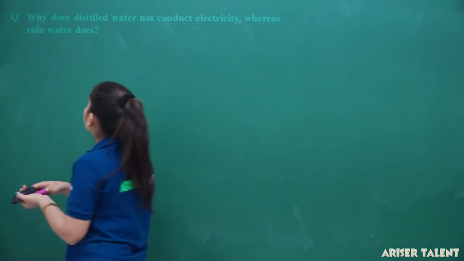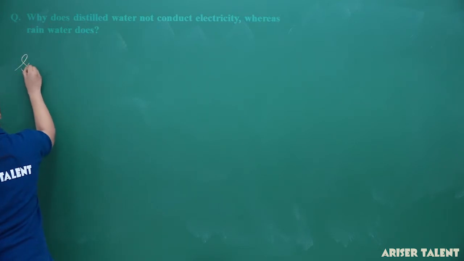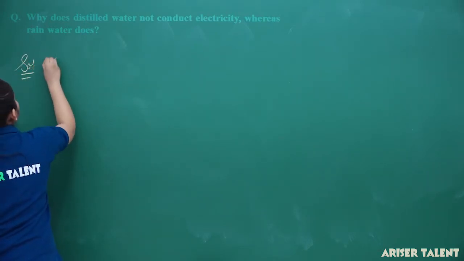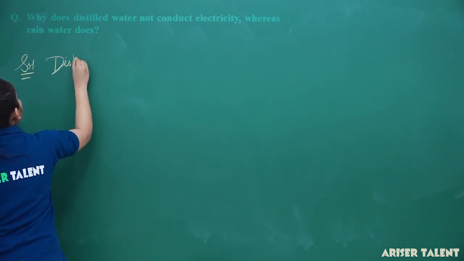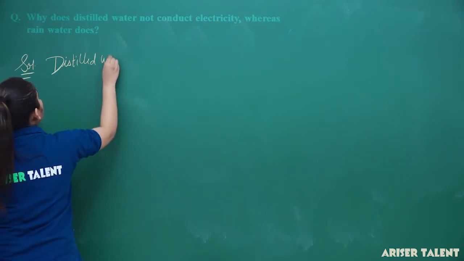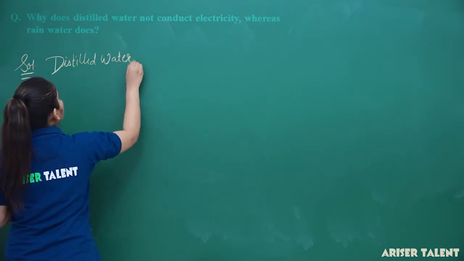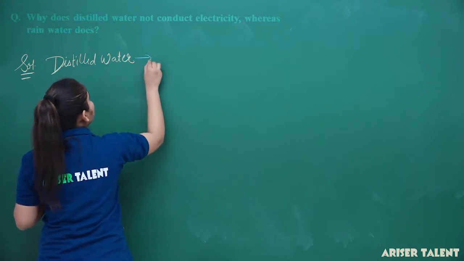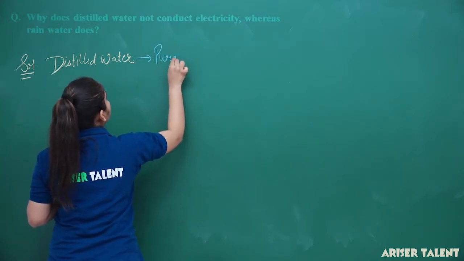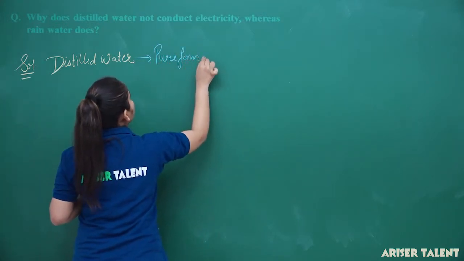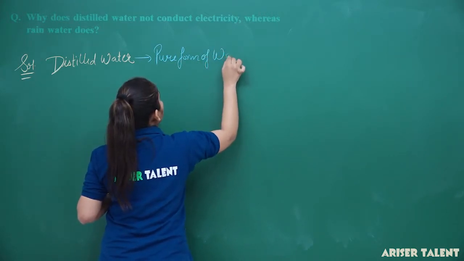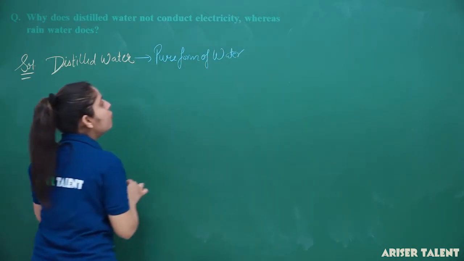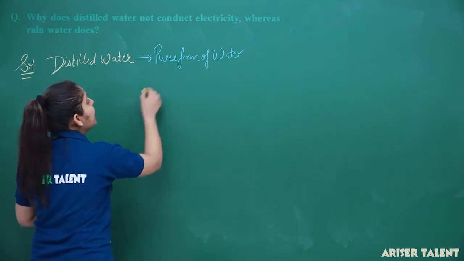So we can write here that distilled water is basically the pure form of water. This pure form of water does not contain any ions.